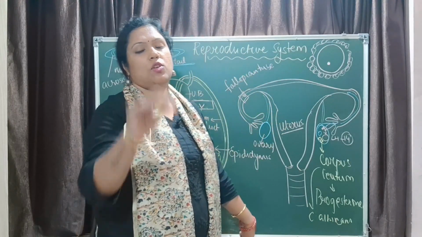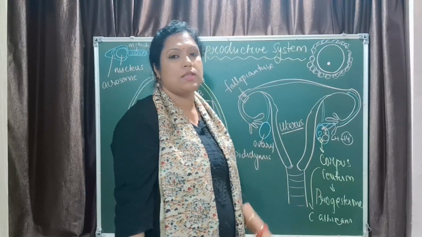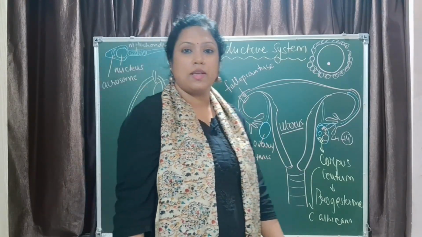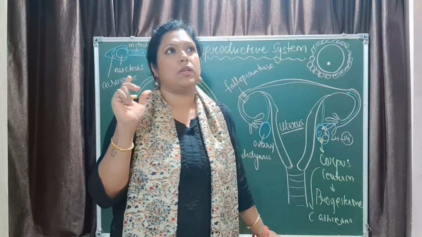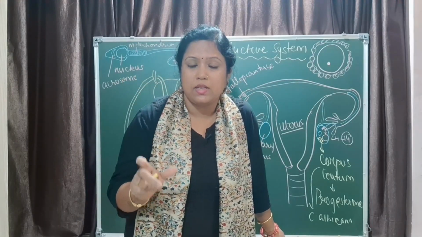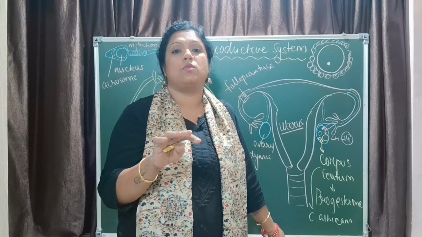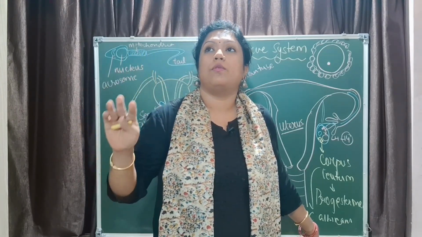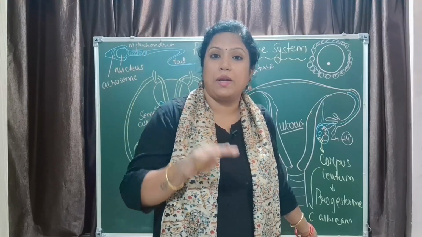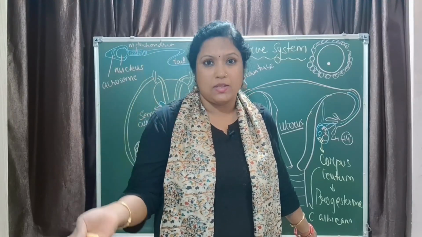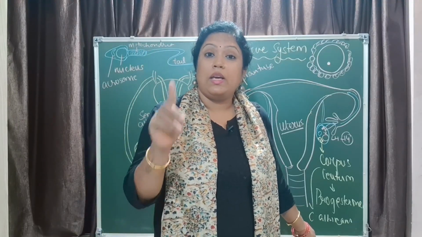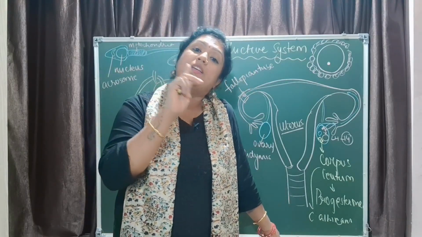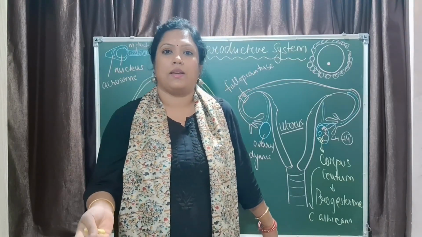As the level of progesterone goes down, the menstrual cycle begins. As I mentioned, the menstrual cycle is a cycle of 28 days in females, which leads to the formation of the ovum, then waits for it to get implanted and pregnancy to happen, or it does not happen. If fertilization happens, implantation occurs. If fertilization does not happen, the menstrual cycle occurs.